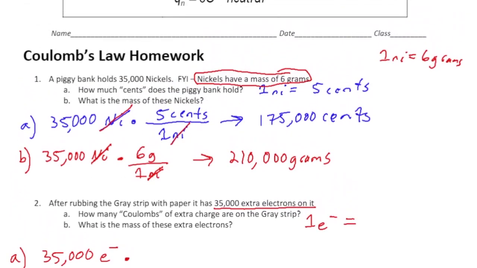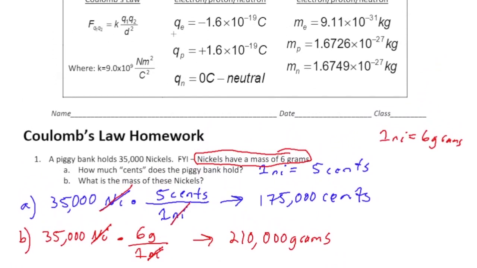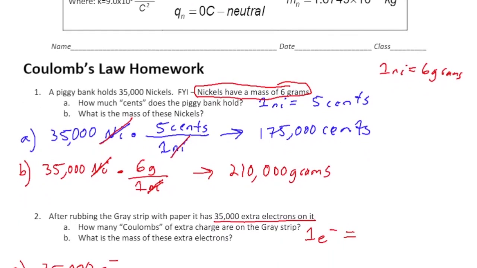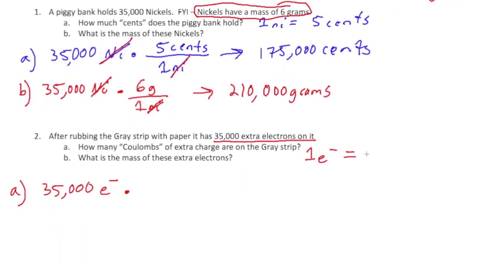Well, if I look at my table above, it's going to show me that 1 electron has a charge of negative 1.6 times 10 to the negative 19. So I'm going to write that down here, negative 1.6. And instead of times 10, I'm going to write E, which means the same thing, negative 19 coulombs.